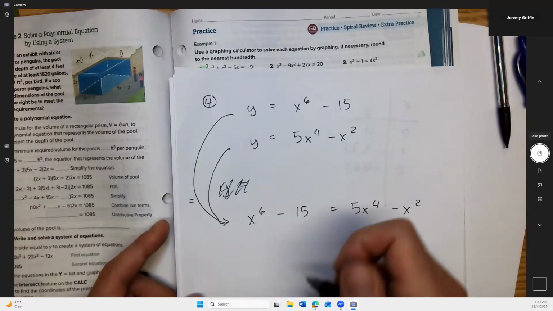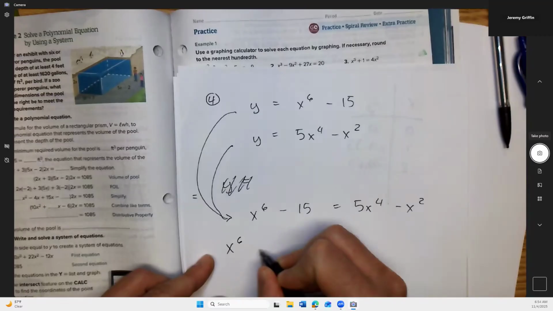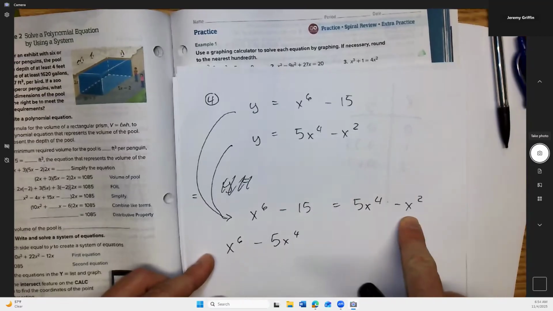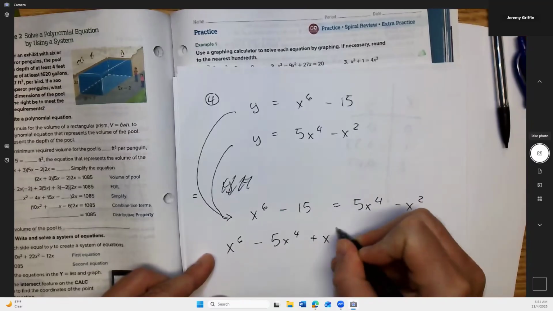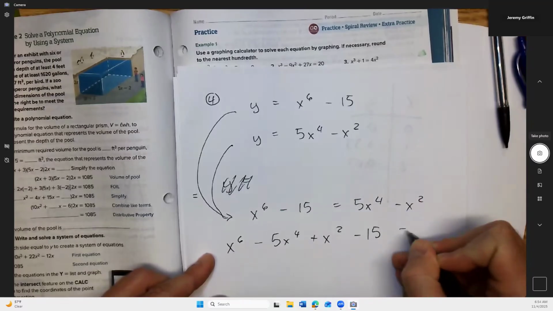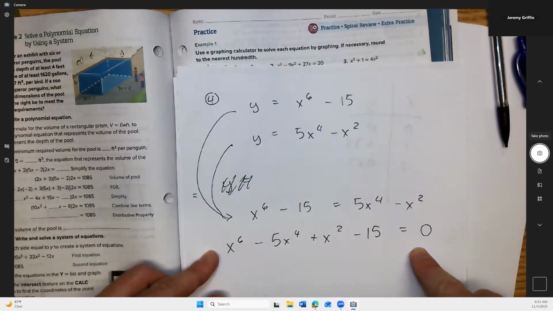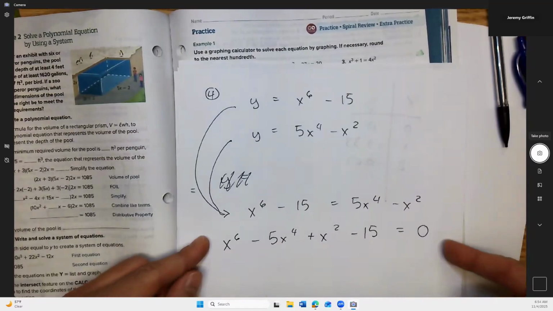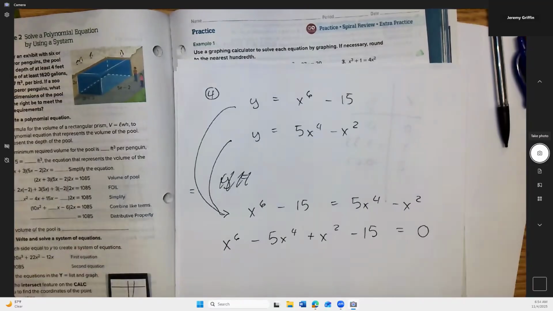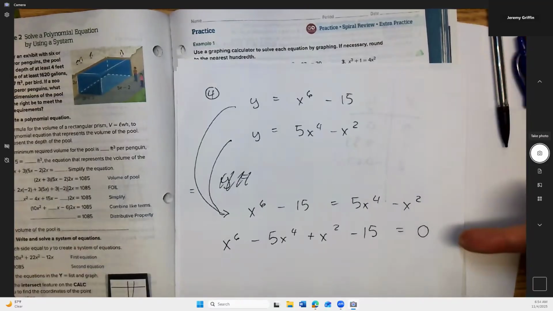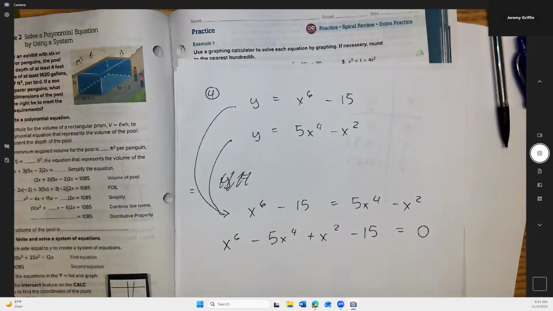If I subtract it over, x to the 6 minus 5x to the 4, then minus the negative would be plus x squared, and then minus 15. Then I can get it set equal to 0. I could just say, where does this third equation simply cross the x-axis? It's going to be the same answer. And I'll show you guys that that's also true. Where these two lines cross, this will be red and blue in Desmos, this green equation will cross the x-axis, and it'll be the exact same answer.